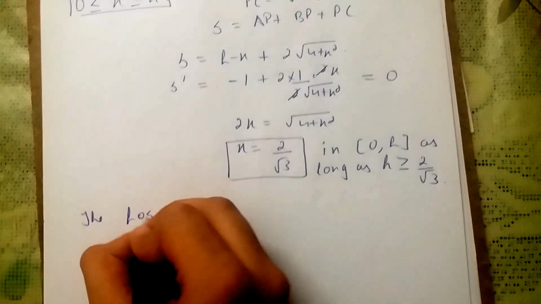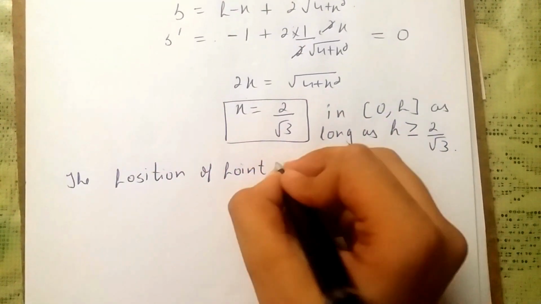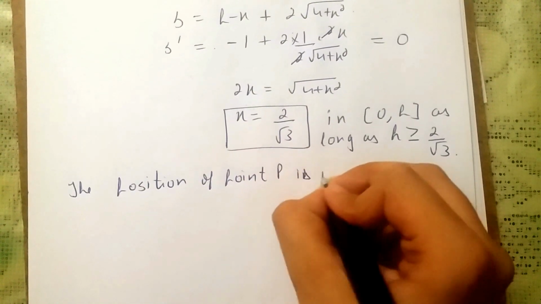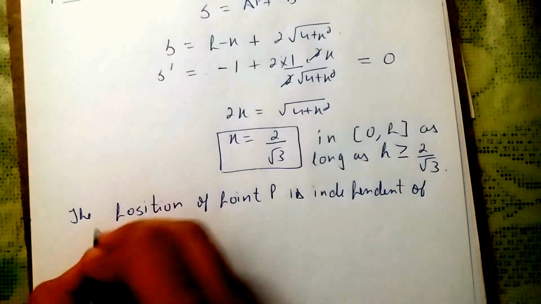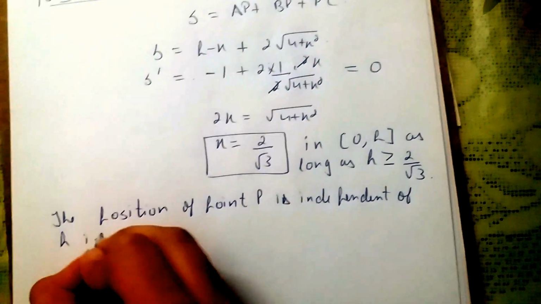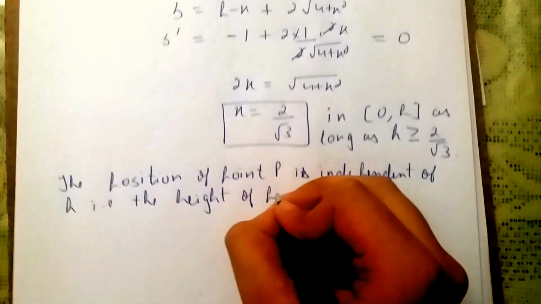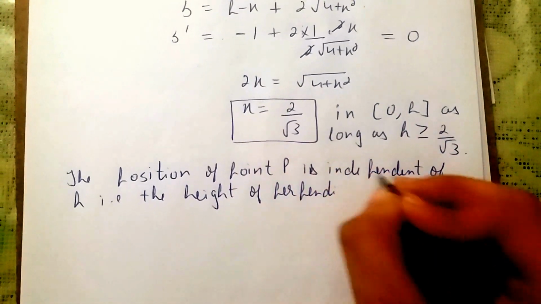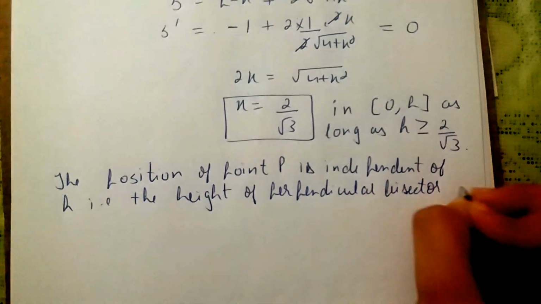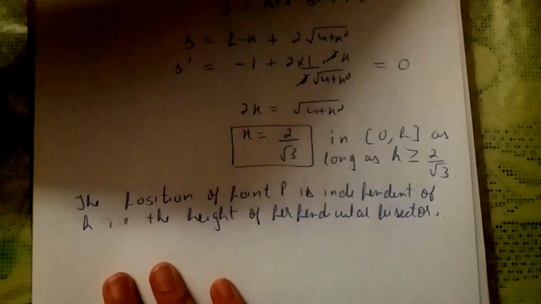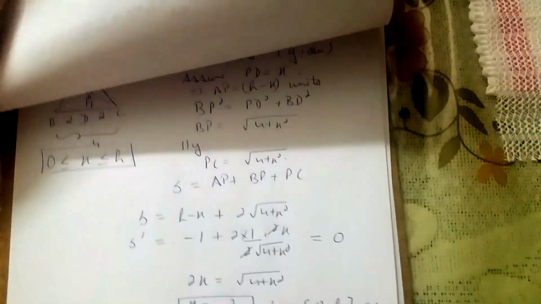The position of point P is independent of h, i.e. the height of the perpendicular bisector. Let's see what else is left, and we just need to show that it is the minimum solution.